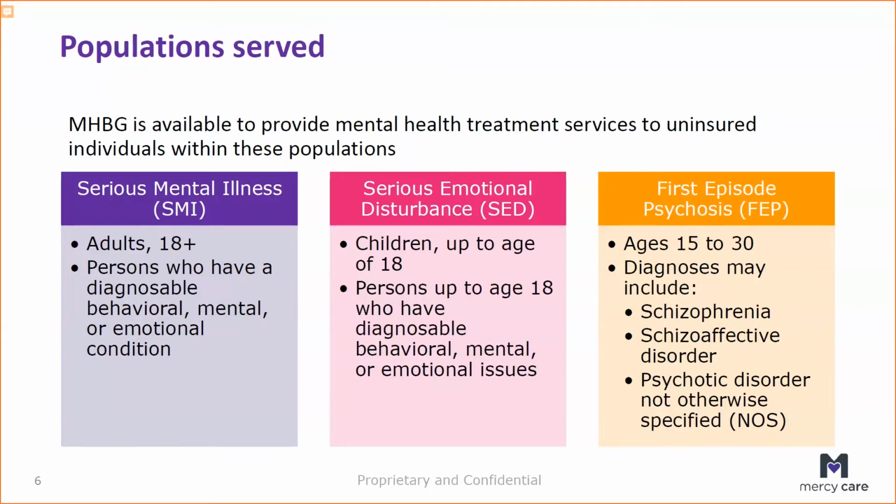This is for children up to the age of 18 who have diagnosable behavioral, mental, or emotional issues. And then the first episode psychosis, or FEP. This is for ages 15 to 30. Diagnosis may include schizophrenia, schizoaffective disorder, or psychosis disorder not otherwise specified.